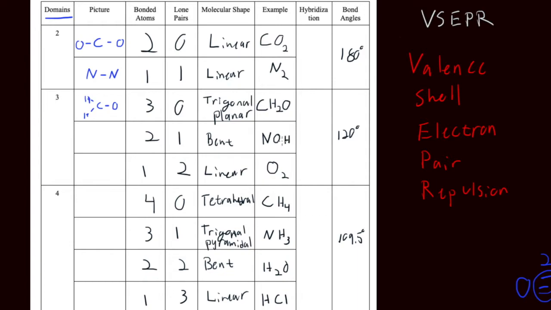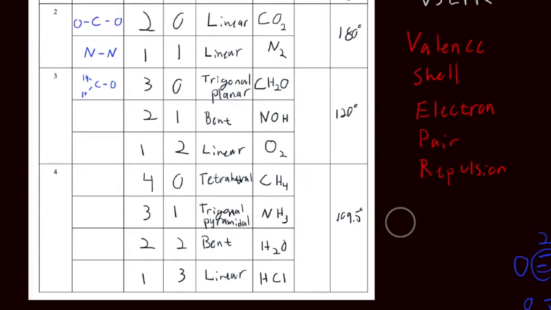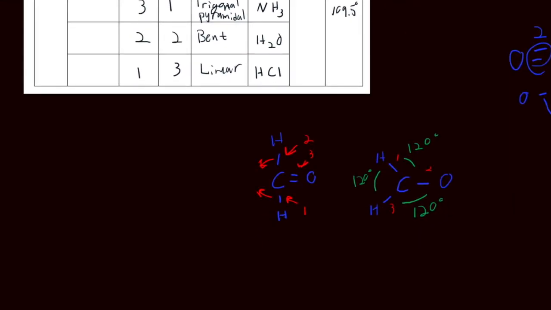Now, what if I had NOH, where I have an electron pair? Well, NOH would look like this. But notice, I've got a domain here, a domain here, a domain here. So I've got 1, 2, 3 domains. Well, these 3 domains would push each other apart.